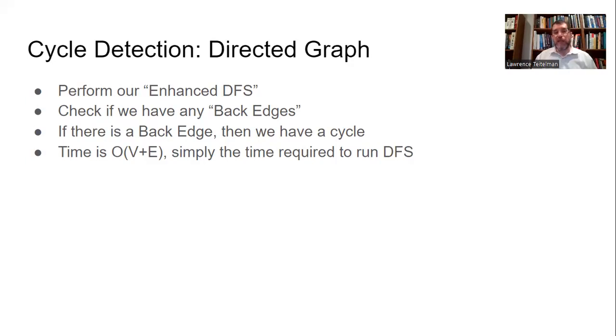So how do we figure that out? One way is to check if there are back edges. We run our DFS, look at the discovery times, and see if we have a back edge.